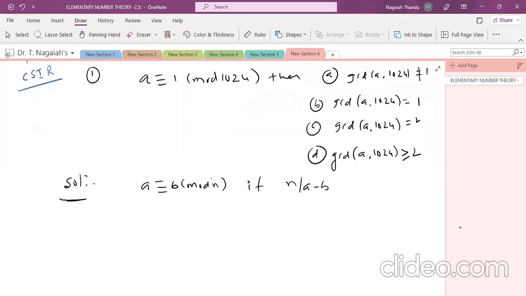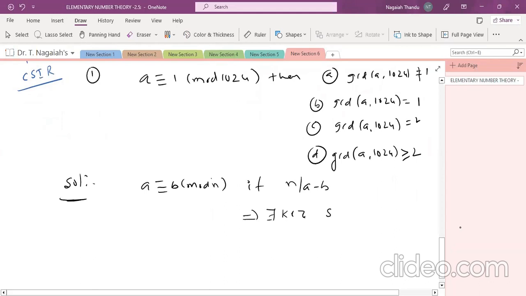What is the meaning of n divides a minus b? n divides a minus b means there exists k belonging to Z such that a minus b is equal to n times k.